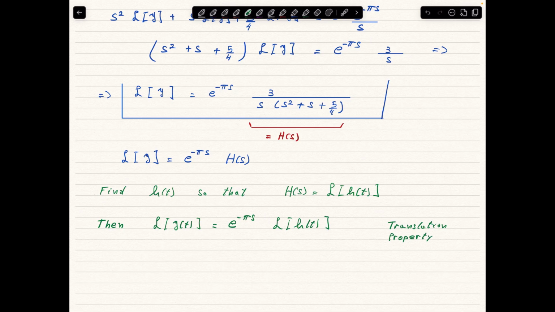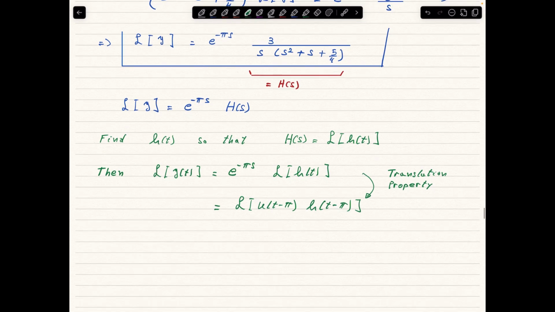We can use a translation property and write this expression as the Laplace transform of a step shifted by pi, and then the function little h also shifted by pi. So in doing that, we use the translation property, and we found our solution. Our solution is y of t is this shifted step times the function little h, but shifted by the same amount.